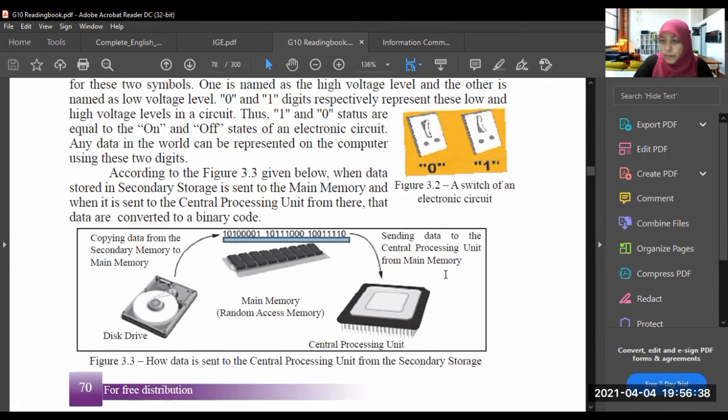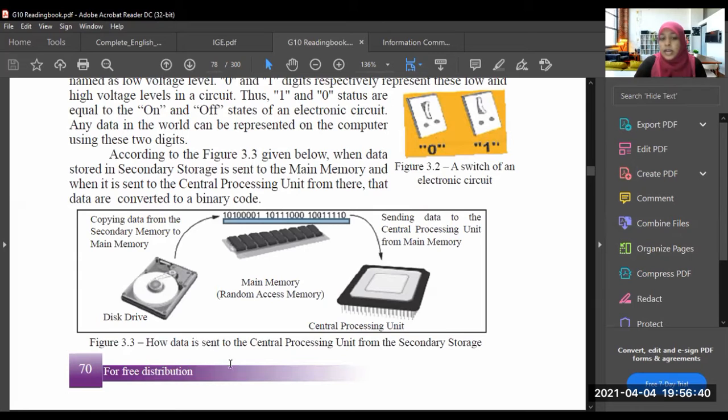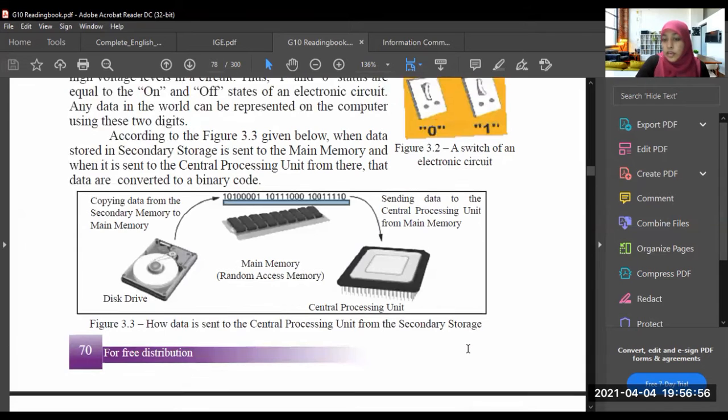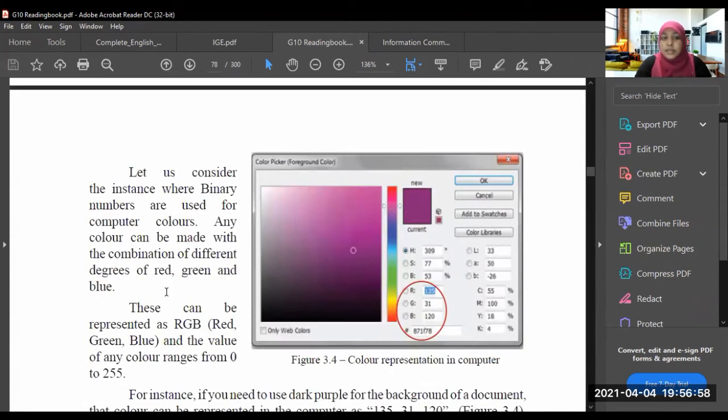This is how data is sent to the central processing unit from the secondary storage. It goes in a form the computer understands, in binary language, to the central processing unit.